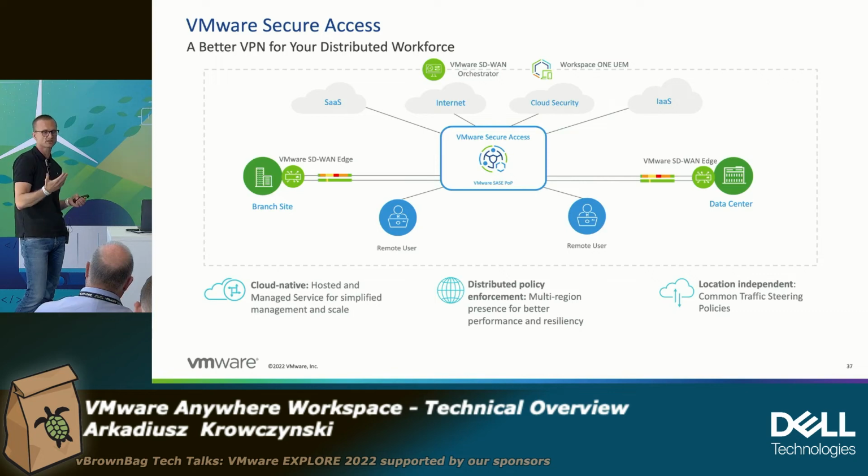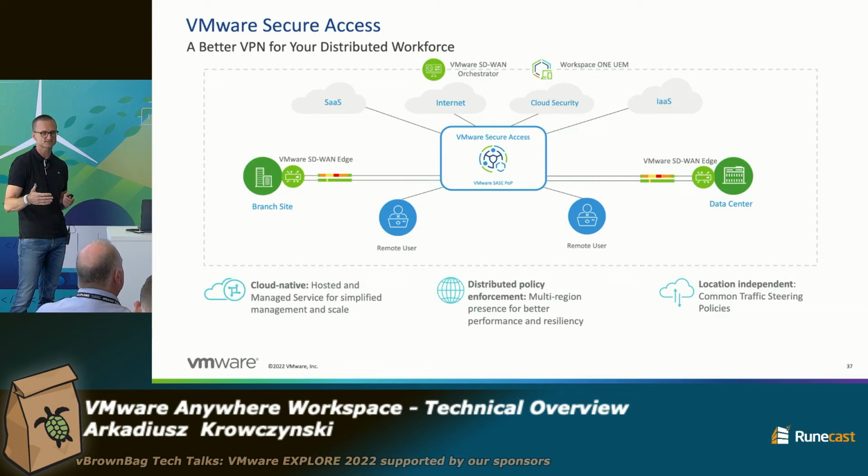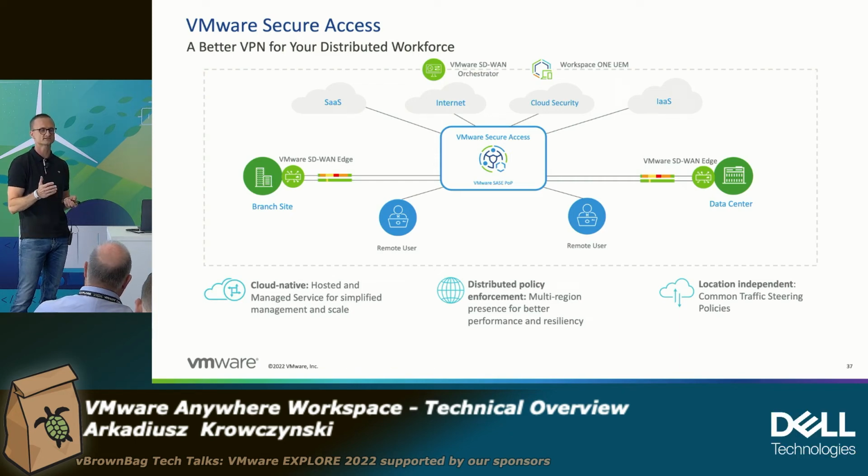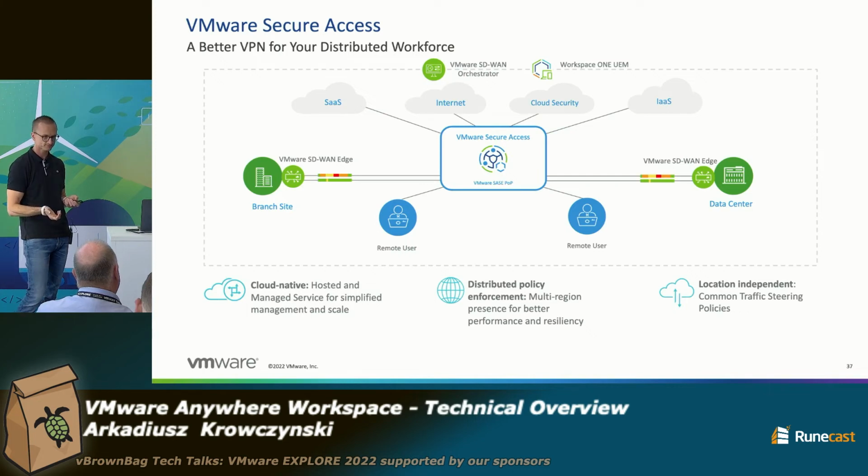For example, when I'm accessing an application from San Francisco, I do not want to go to my data center in Germany, do a green check, I'm here, I'm Arkadiusz, and then back to San Francisco to access, say, Salesforce or another application. So with points of presence, we can deploy these Kubernetes / Wavefront containers all around the globe. Means that the user always gets the shortest path to the target, meaning the cloud application or the data center application.